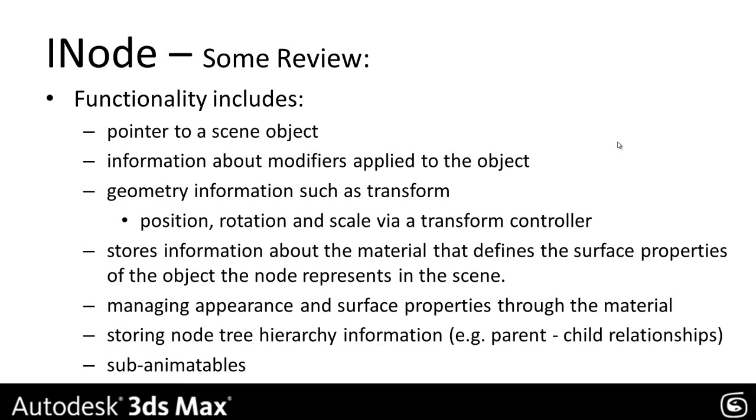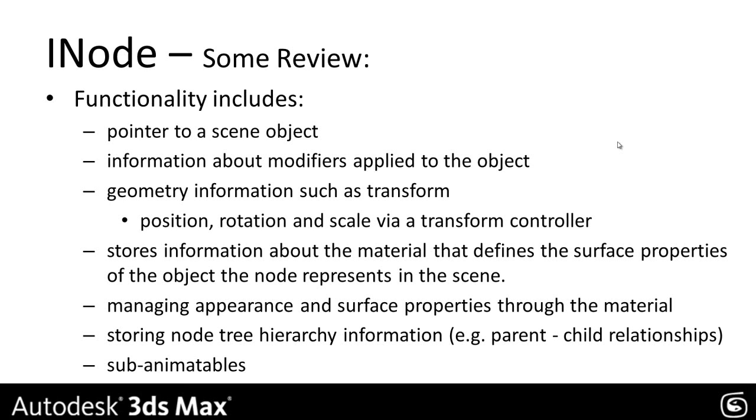So the functionality includes a pointer to the scene object. So remember that any object that you want displayed has to have a node, and the node kind of wraps that object. So the node has a pointer back to the scene object. It also maintains information about modifiers applied to the object. We talked about the transform and transform controllers that the node handles.